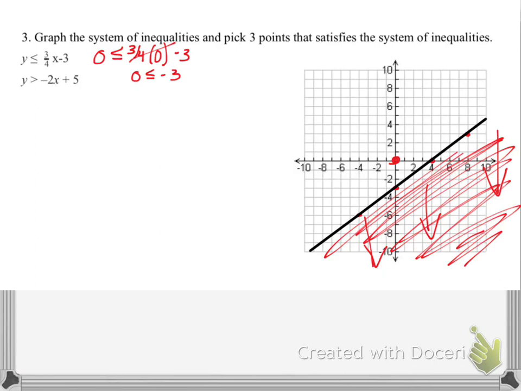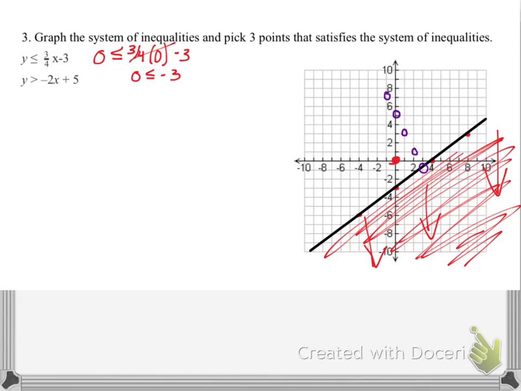Y is greater than negative 2x plus 5. I'm going to use purple. Plus 5. And it's negative 2x, so that's my slope here. Uh-oh! My points have to be open because it is not or equal to here.